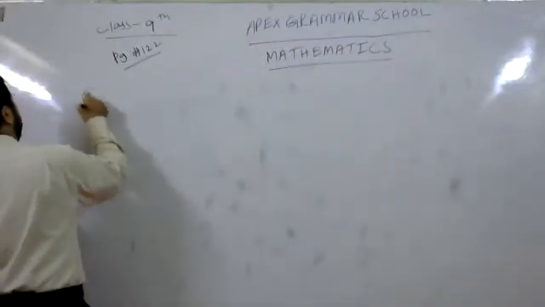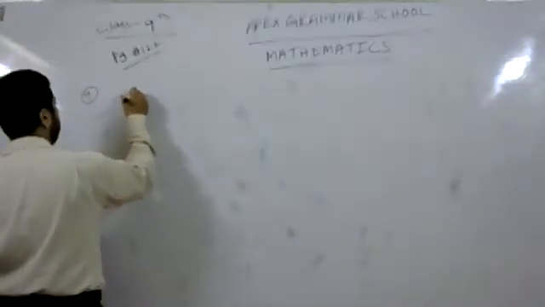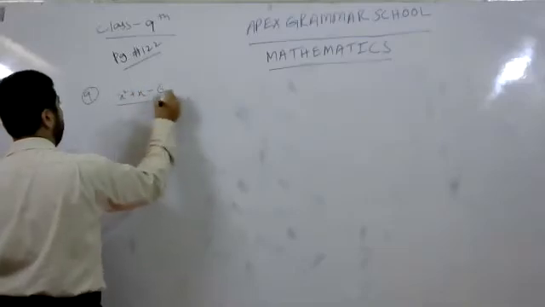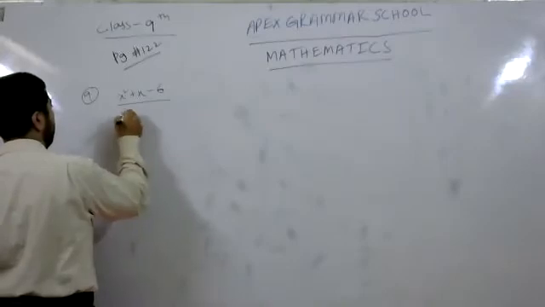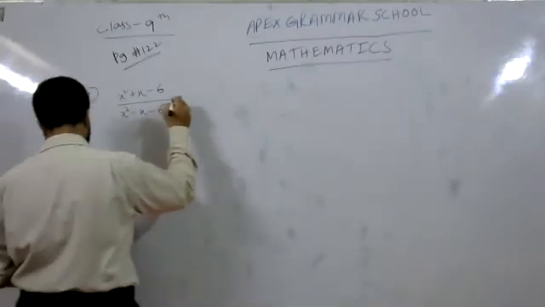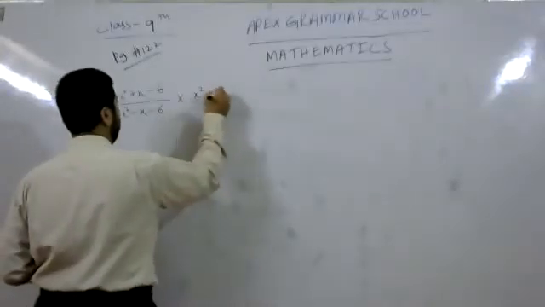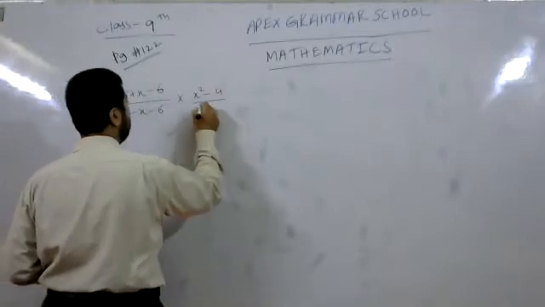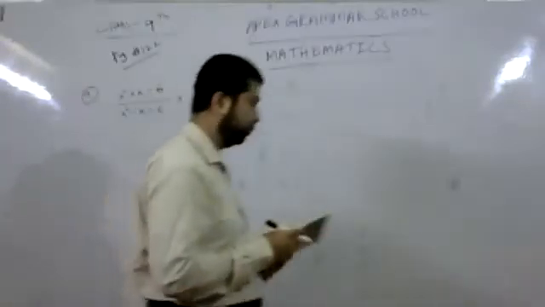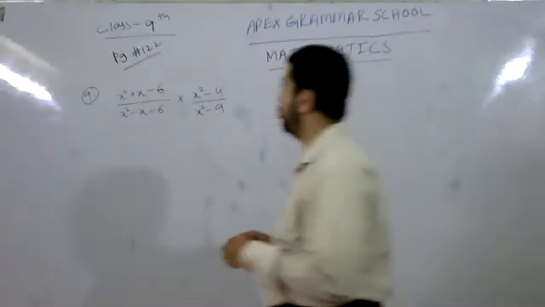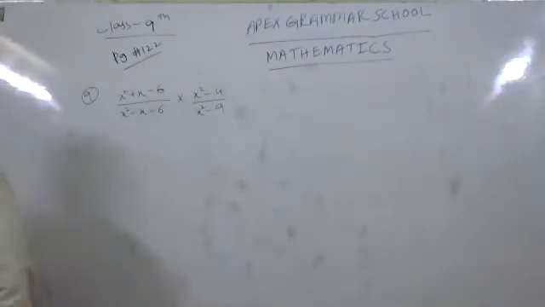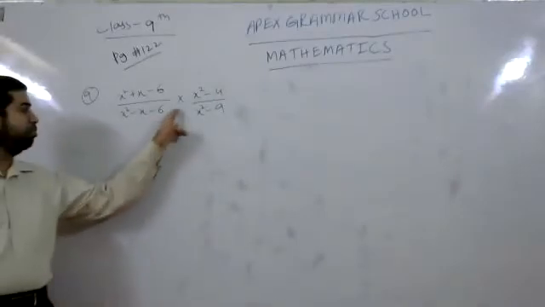Simplify question number 9, that is x square plus x minus 6 over x square minus x minus 6 multiply x square minus 4 divided by x square minus 9. Now you can see that between these two fractions there is a sign of multiplication.